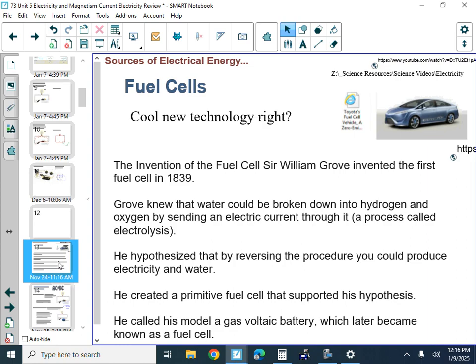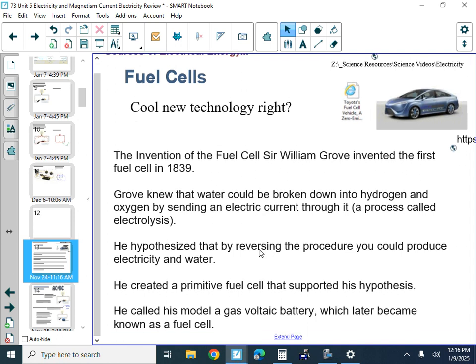This is literally my previous lessons from previous courses, and I'm just going to review it in case you haven't seen it. Other ways to produce energy: we have the fuel cells, which sounds like crazy new modern technology, but the first fuel cell was actually invented in 1839, believe it or not. Sir William Grove noticed that water could break down into hydrogen and oxygen by sending electricity through it.